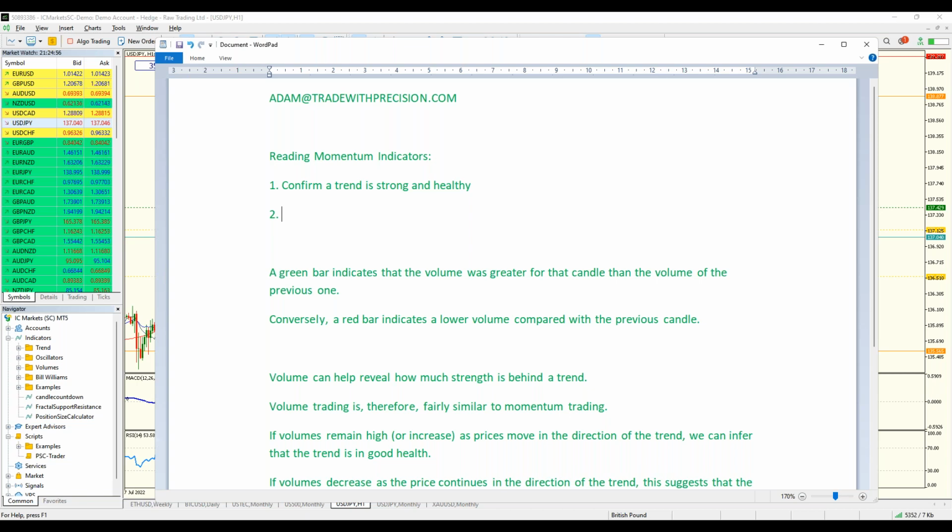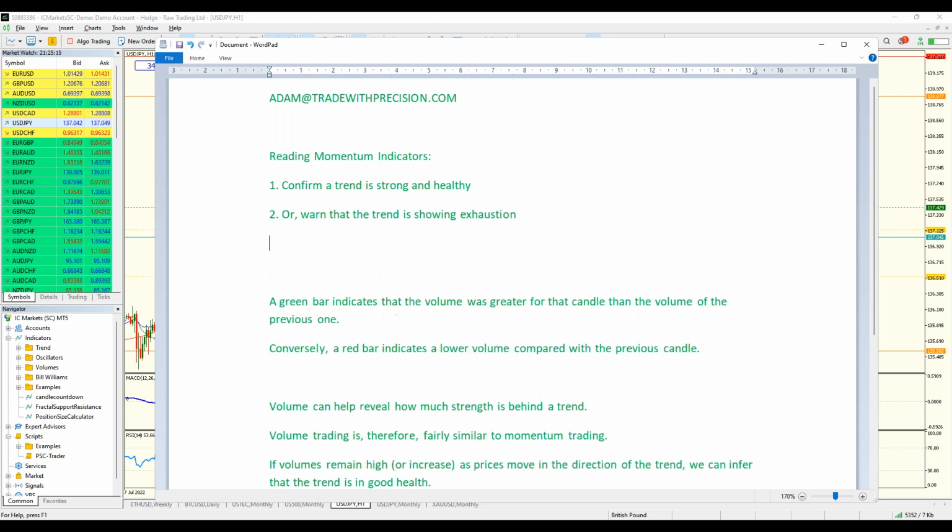Confirm a trend is strong or healthy, or warn. This is what we use it for, and this is where the volume is going to come in as well. Warn that the trend is showing caution. Or was it caution Will Robinson? Something like that. Maybe don't trade.